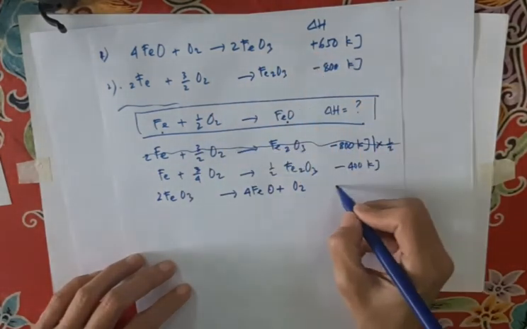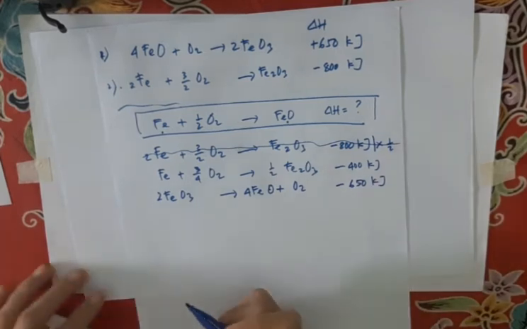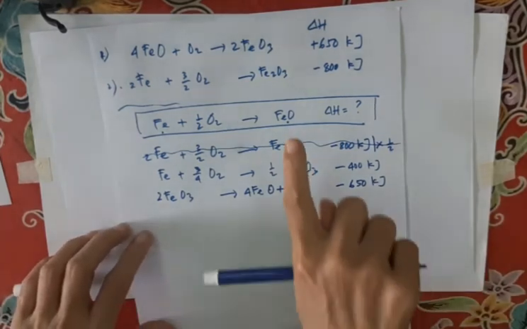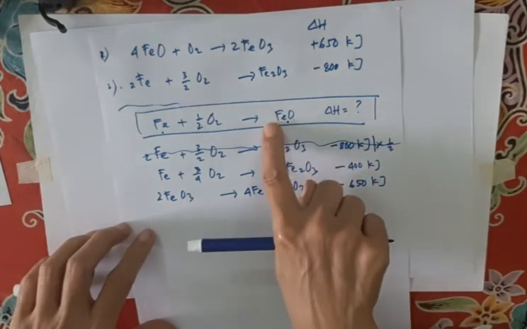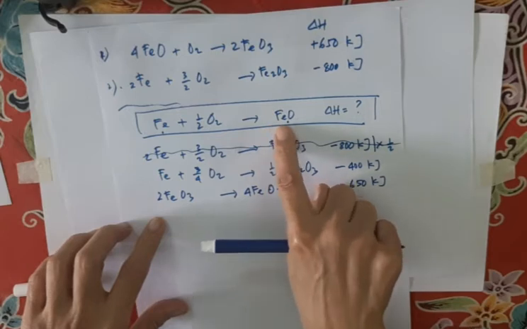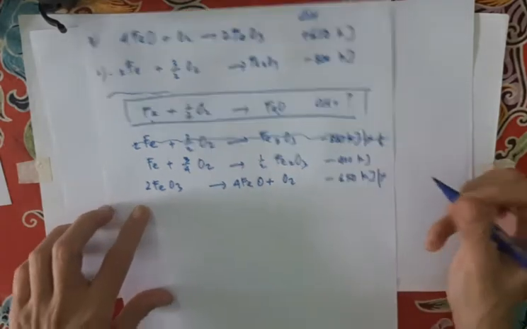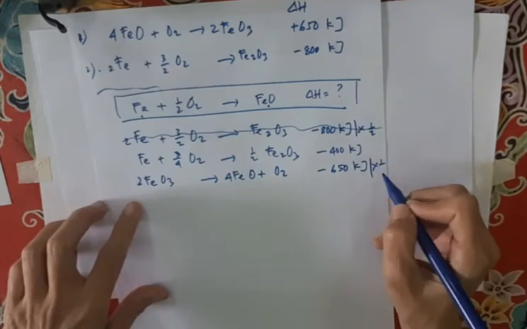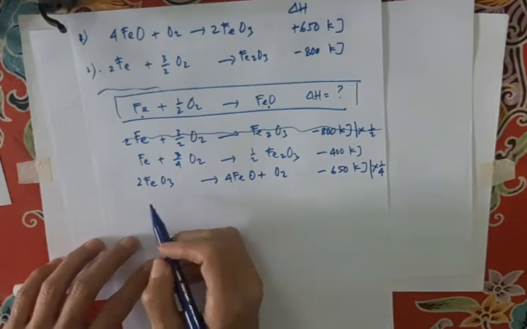Remember this one, minus 650 kilojoule. Because our focus shows only 1 as the coefficient of FeO, but we have 4 here, so multiply by a quarter, right?